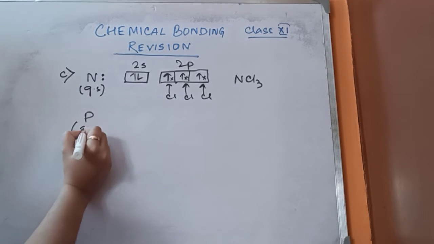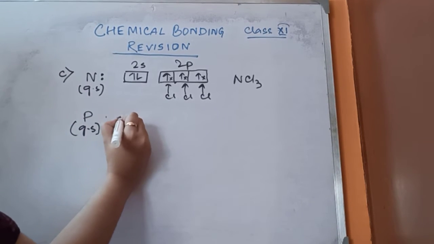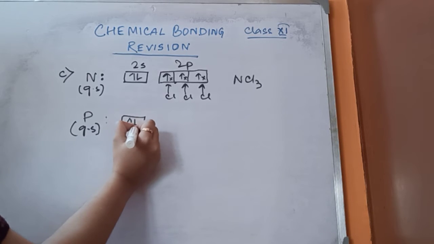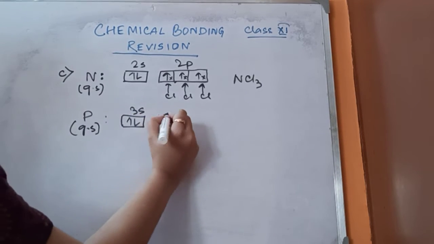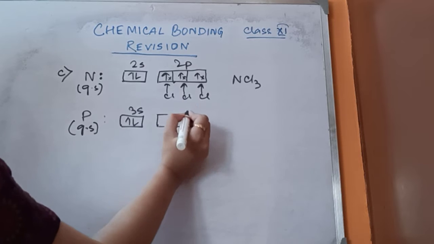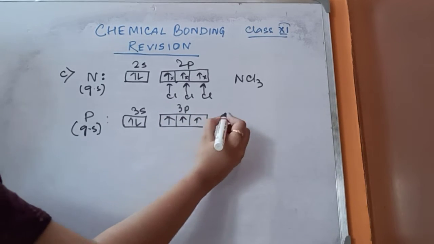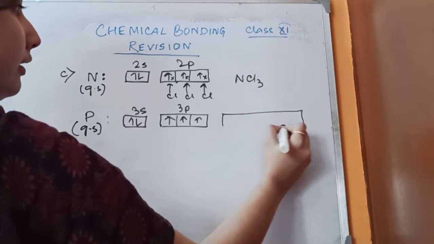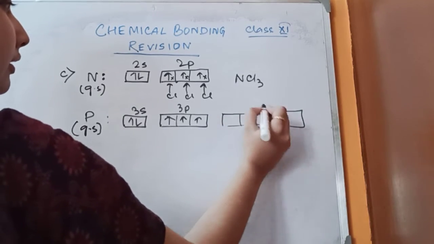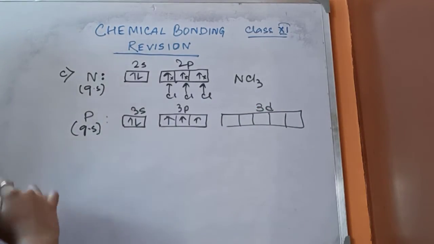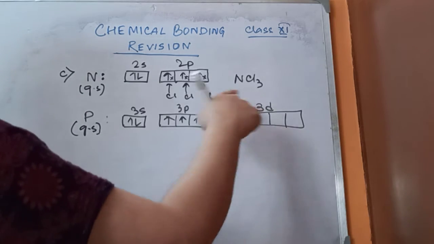Whereas in phosphorus, the ground state is 3s 3p3 3d. Phosphorus has vacant energetically accessible 3d orbitals.